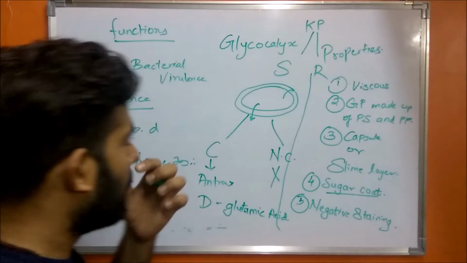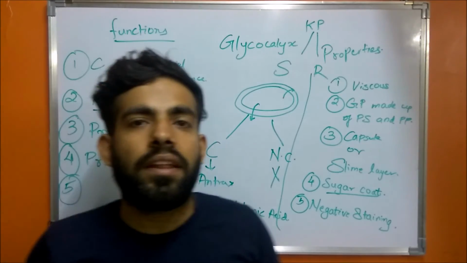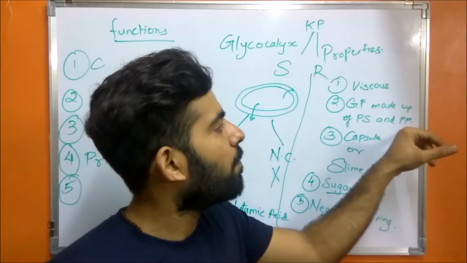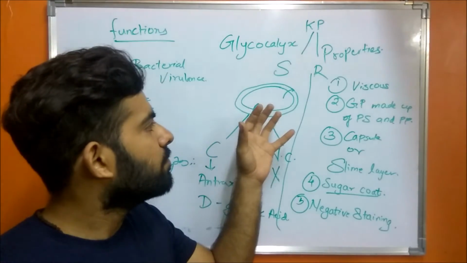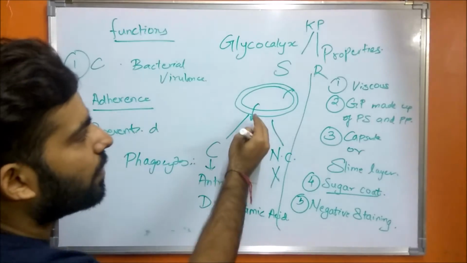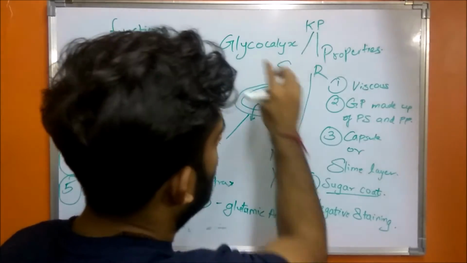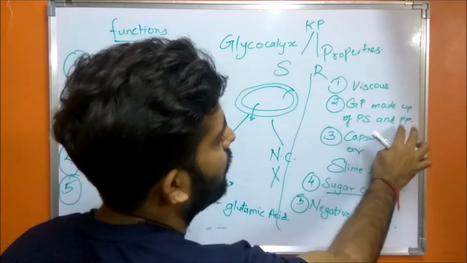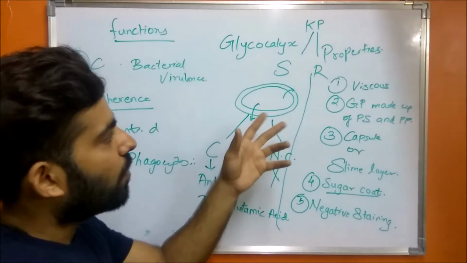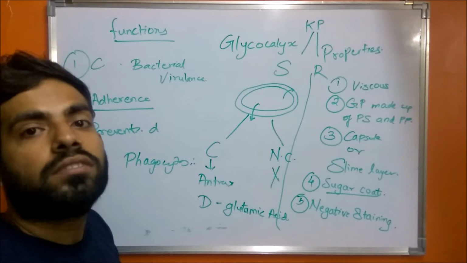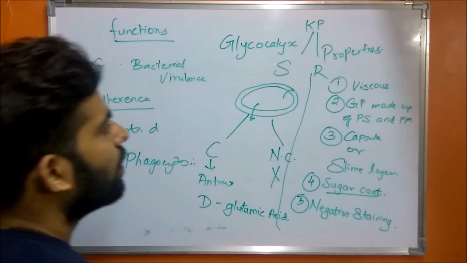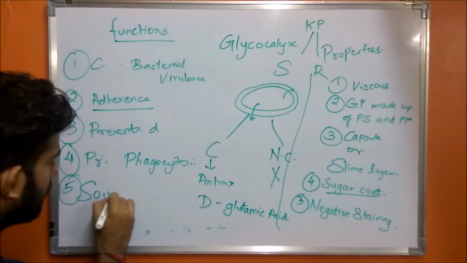Fifth one, in some cases the bacterial glycocalyx, which is made up of polysaccharide and polypeptide, serves as a source of nutrient. In low energy states, the glycocalyx is broken down into simpler products, so the organism can utilize those simpler products and survive. So it is a source of nutrition.